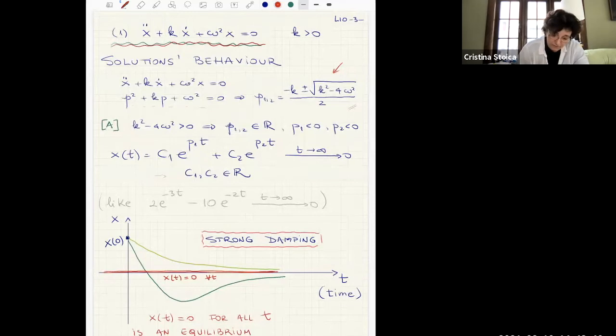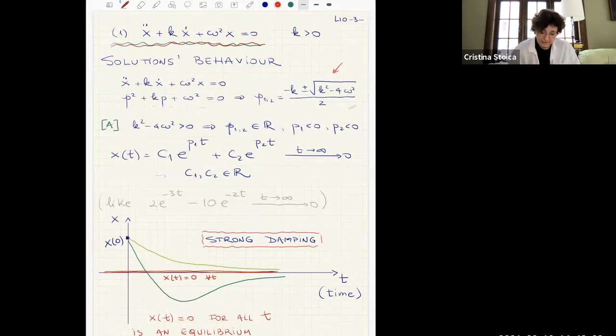And if we draw this, it will look like this. So no matter where we start, we're going to end up at 0. We're going to lie down at height 0 as t goes to infinity. In other words, the motion will die. The friction will stop the motion, of course. Again, the physics is there.